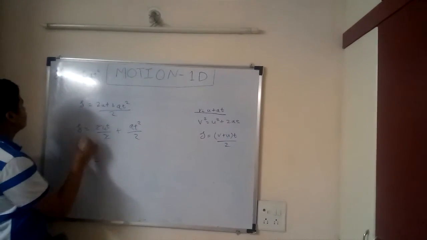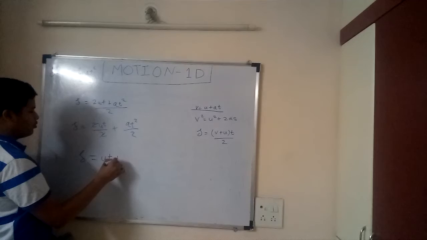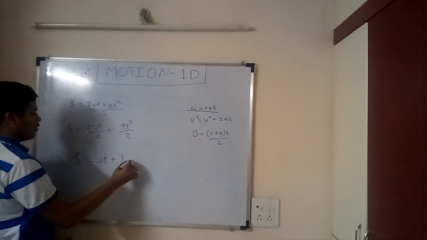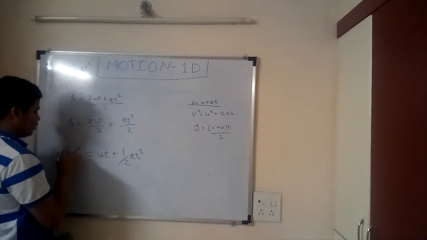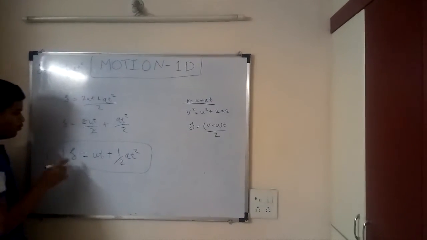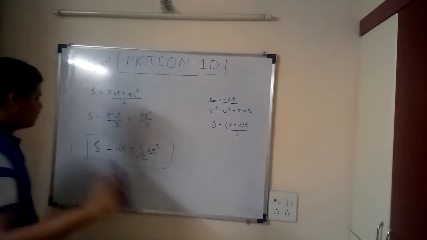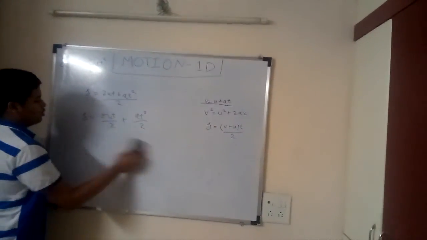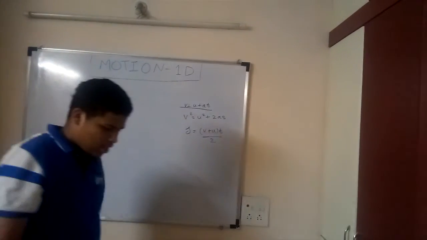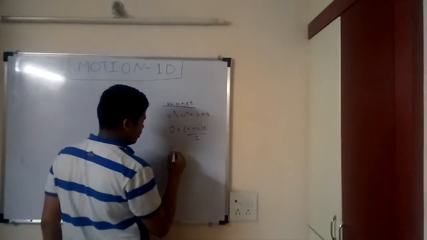So we get this equation, same equation, ut plus half at square. So this one was the important one in all four, because you can solve many problems of 11th and 12th from this equation. So now I'm going to just take a short recap of everything, so that you may remember it.